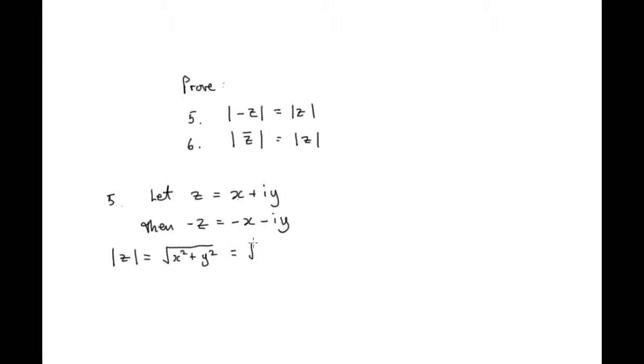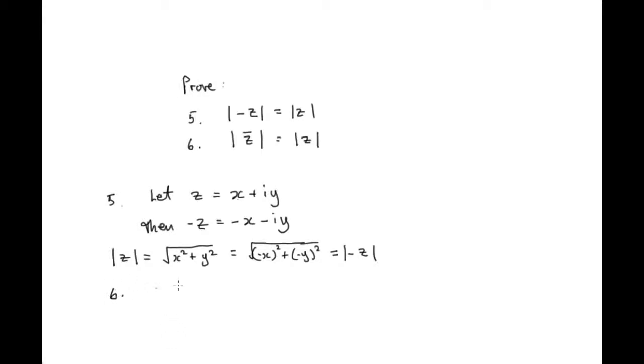And that will be the same as the modulus of this, because negative x squared plus negative y squared, the real part's negative x, the imaginary part is negative y, we're squaring both of these, it's identical to x squared plus y squared. So that's the proof, relying on the fact that negative x squared is the same as x squared and negative y squared is the same as y squared.